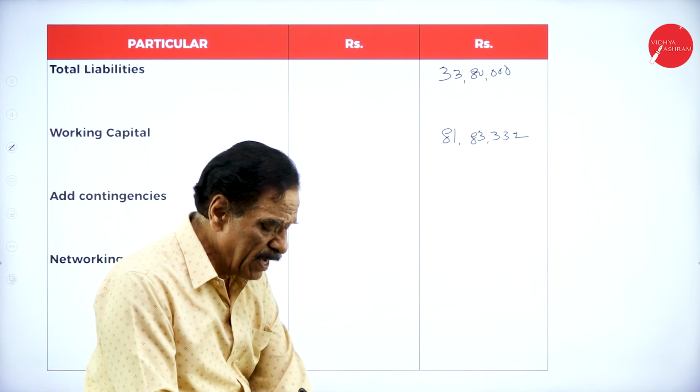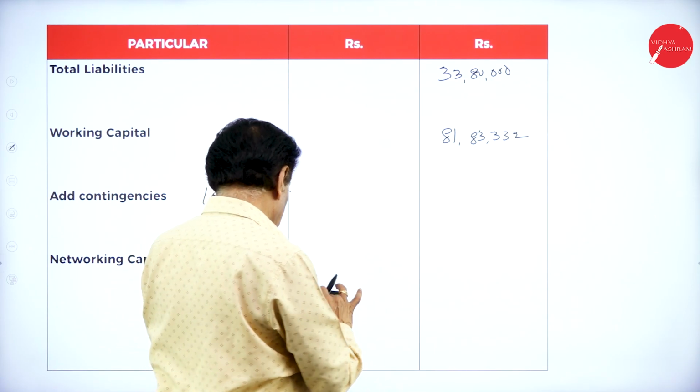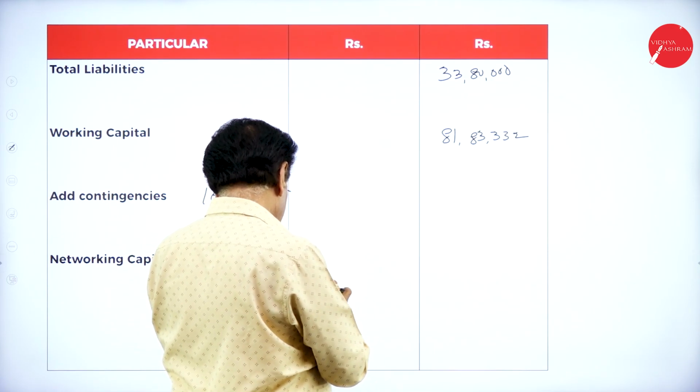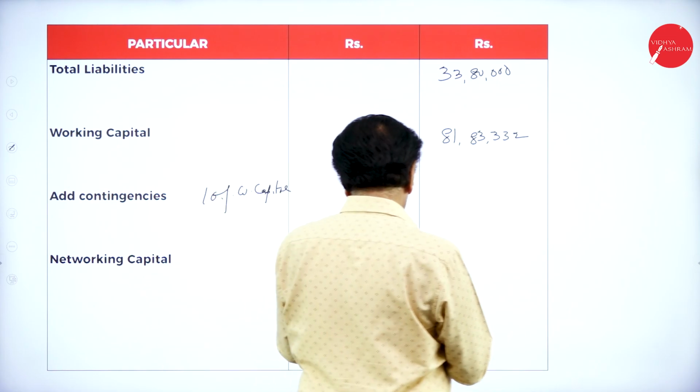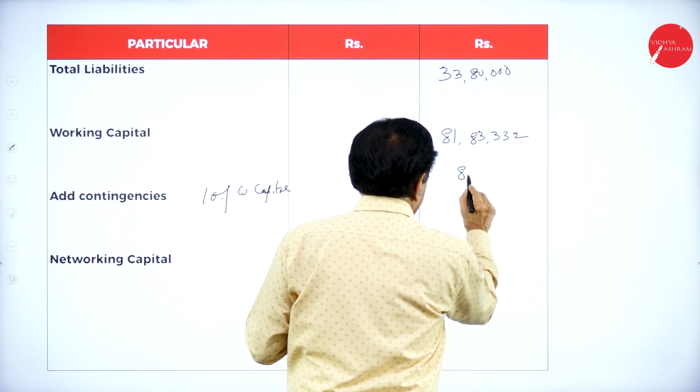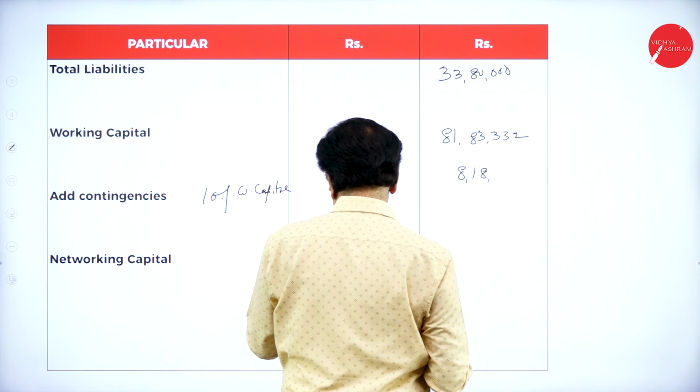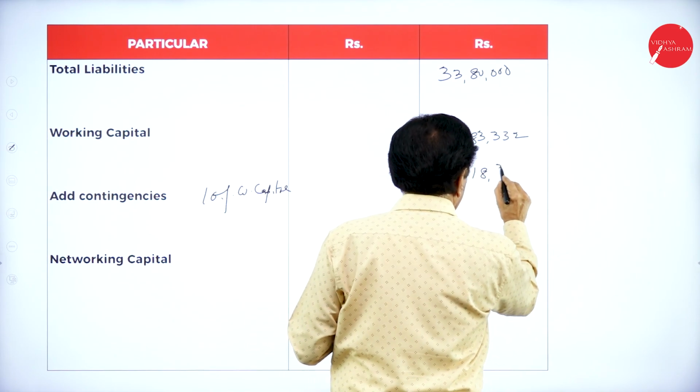So 81 lakh 83,332 into 10 divided by 100 is 8,18,333.